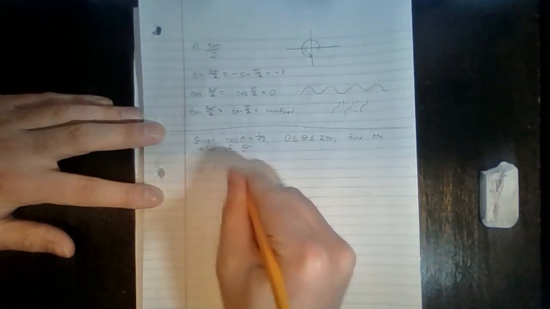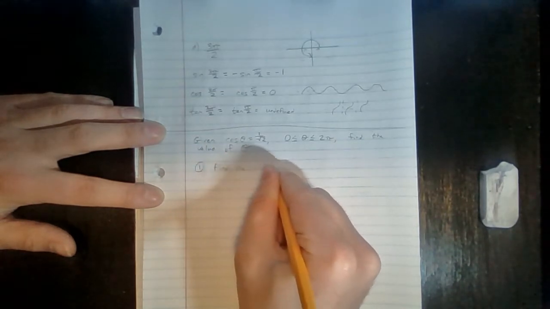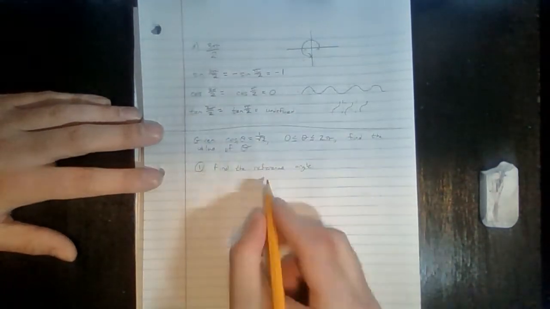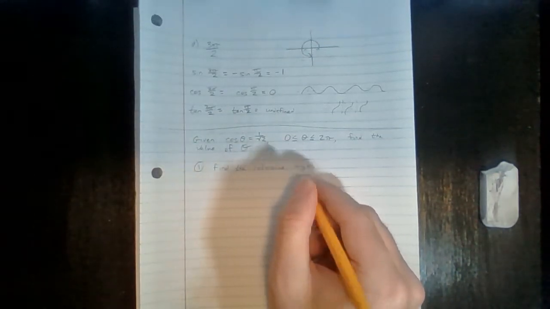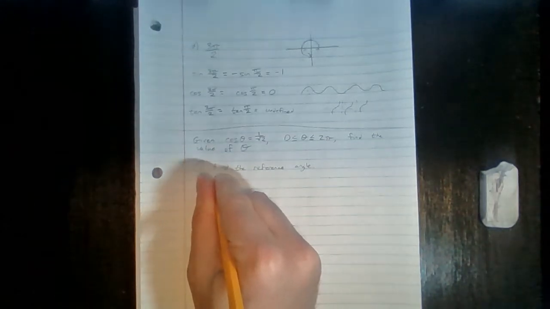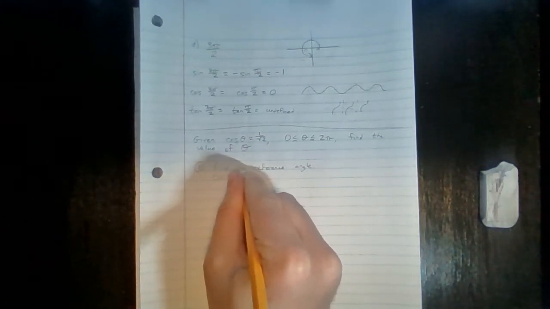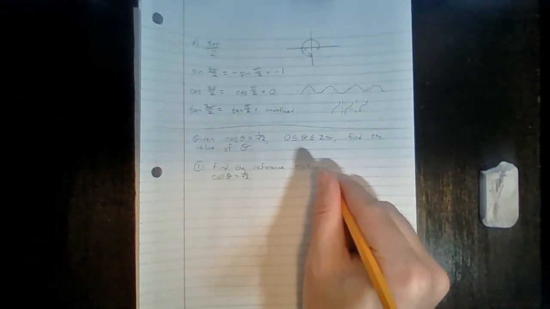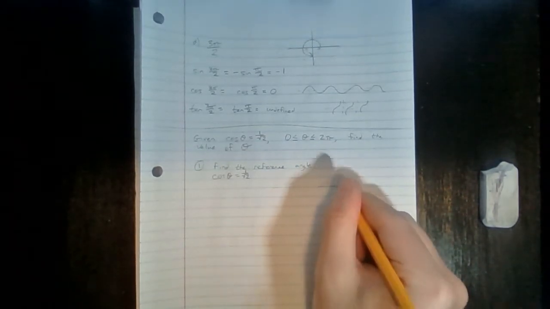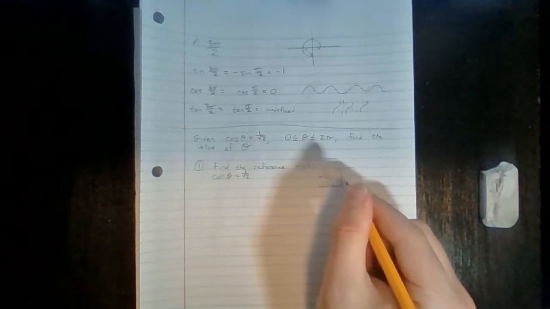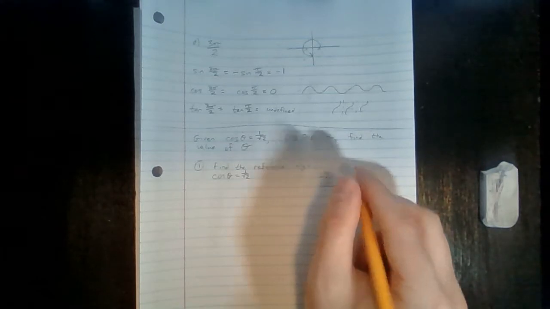So our first step, we want to find the reference angle. We want to find basically the easiest angle, that related acute angle, as I like to call it. So if we have cos of theta equals 1 over root 2, well, if we have some angle theta, our adjacent is 1 and our hypotenuse is the square root of 2, well, that's just our special triangle from before.